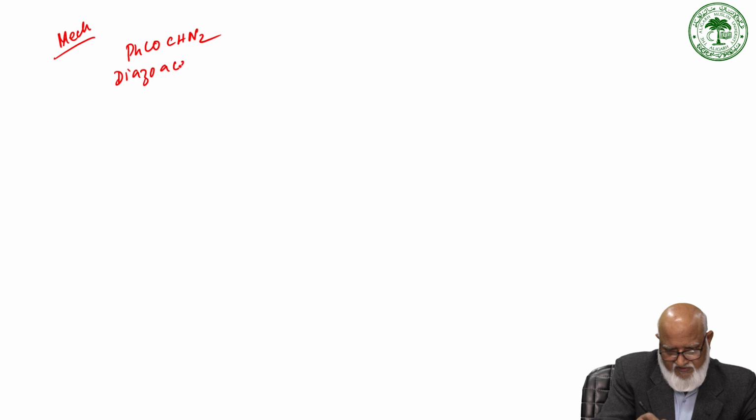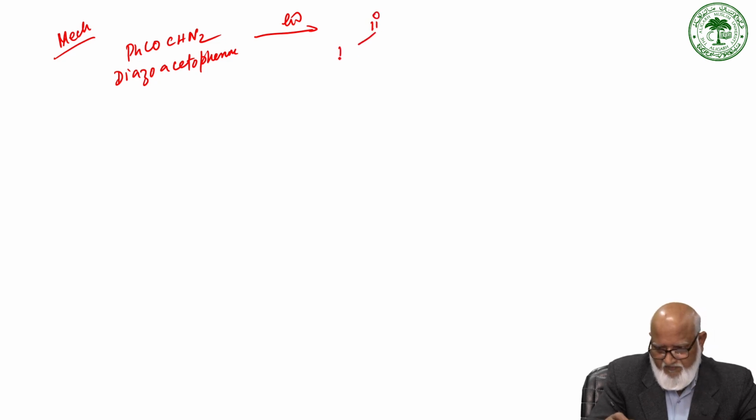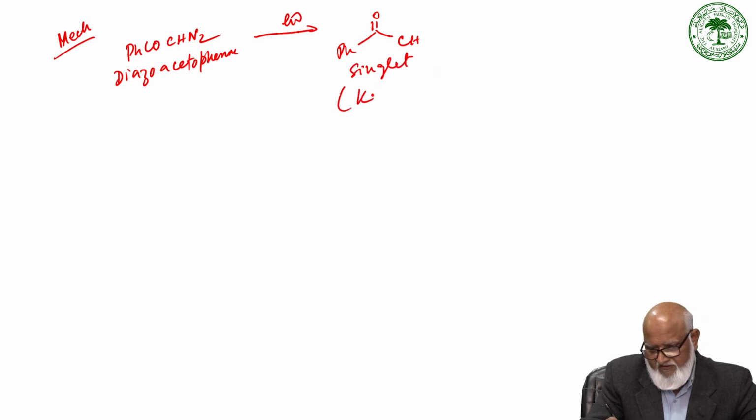The reaction can be well understood via the mechanism. We have diazoacetophenone, PhCOCHN2, which on direct photolysis gives PhCO-CH, the singlet ketocarbene.